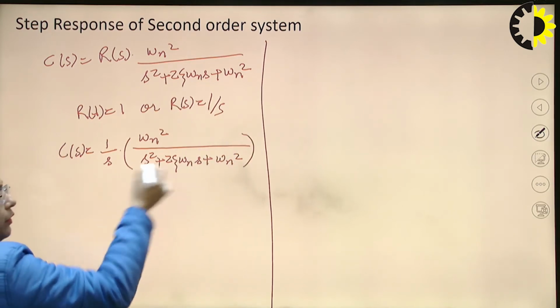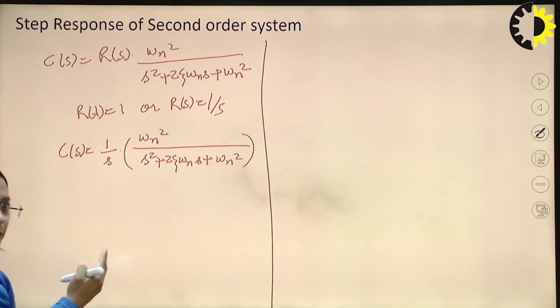So as to get the perfect square, because in future I will go for the partial fraction of this term.